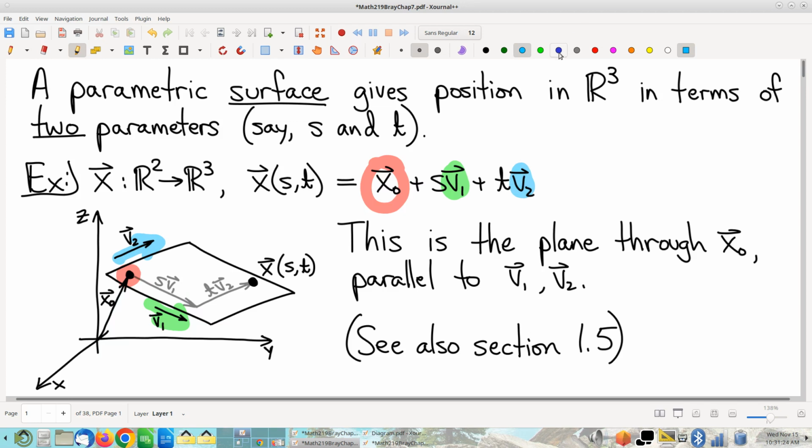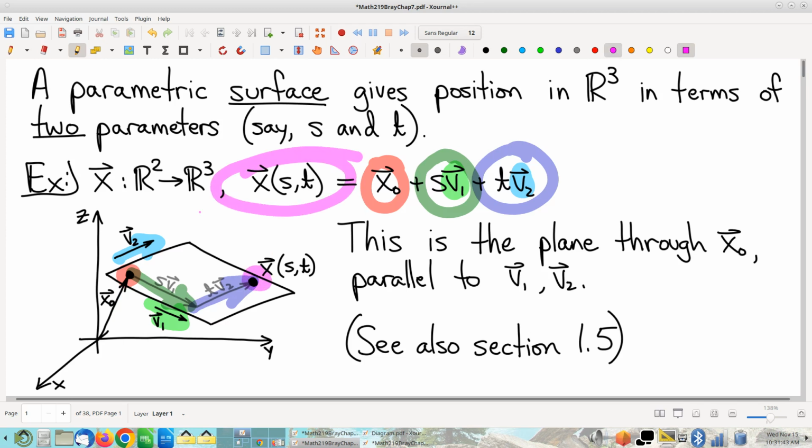Notice that I can always get anywhere on this plane by going some amount in the v1 direction plus some appropriate amount in the v2 direction. So wherever I might want to be on the plane, I can get there from any arbitrary starting point by following these two direction vectors, v1 and v2. Everybody happy with that? Does that look familiar? I hope.